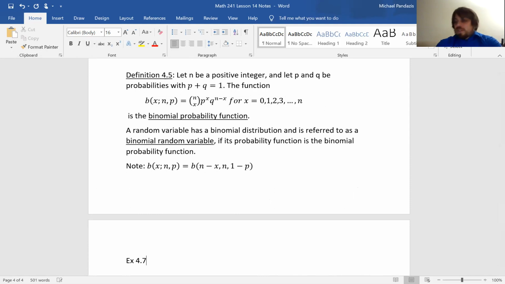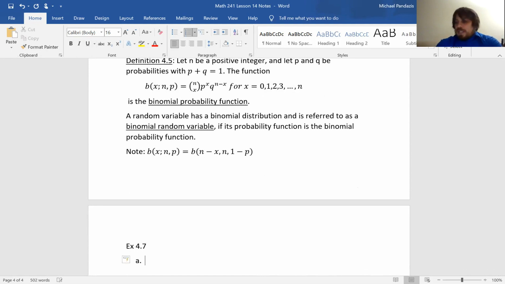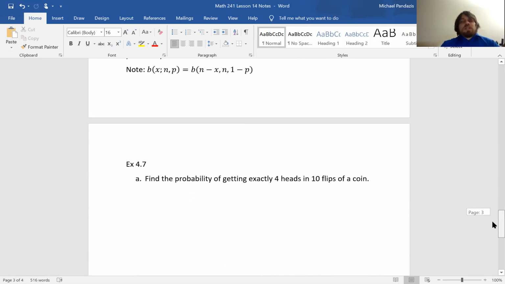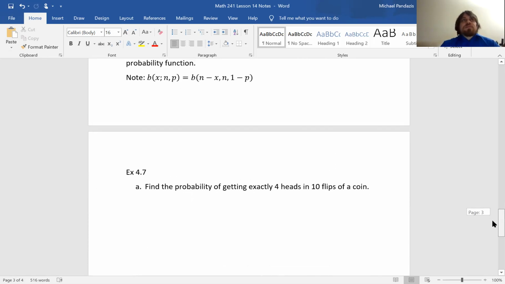So example 4.7, part A, find the probability of getting exactly 4 heads in 10 flips of a coin. Okay, so this probably looks a little bit like the test question you just had, right? But in that question, it was only exactly 1 heads, or at most 1 tails, I think it was, right?